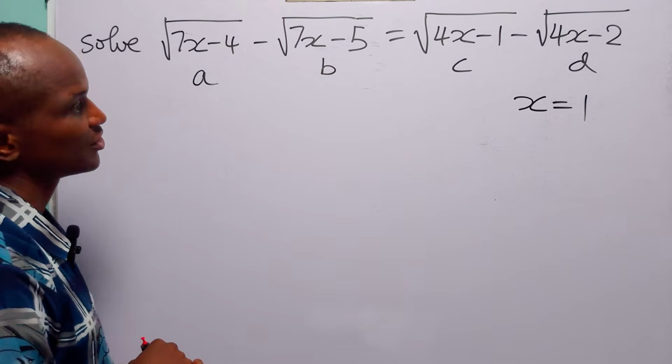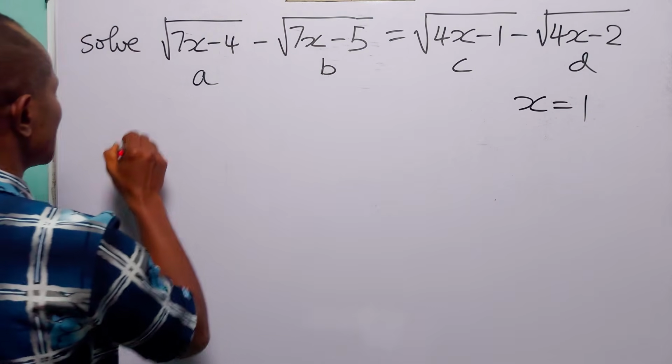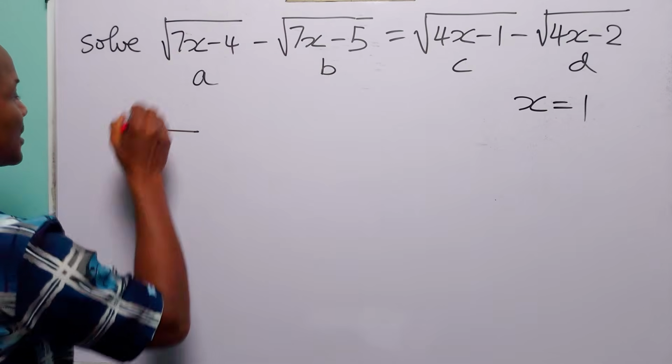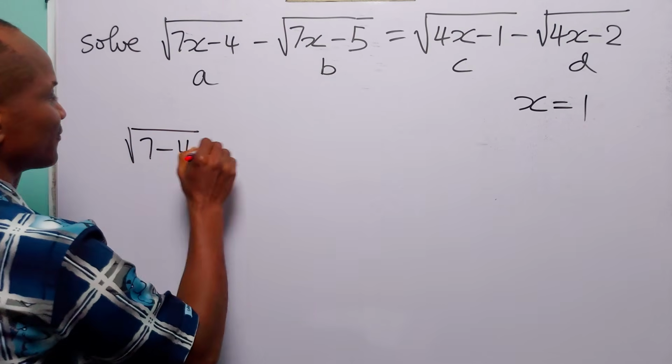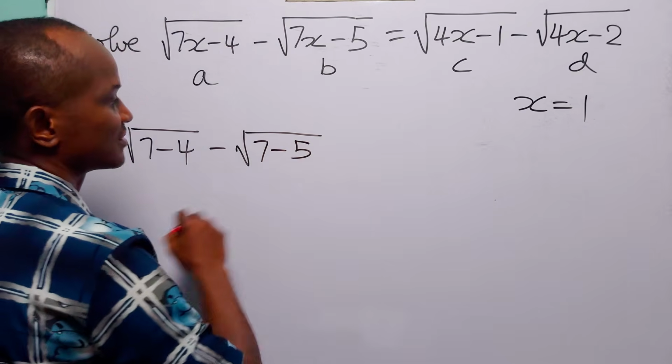Now to check our answer, let us substitute 1 for x into the original equation. We have root 7 minus 4 minus root 7 minus 5.